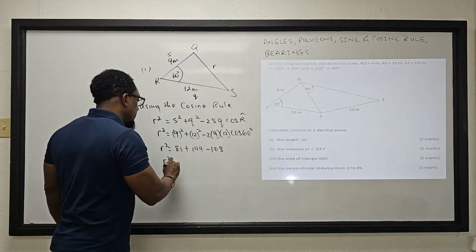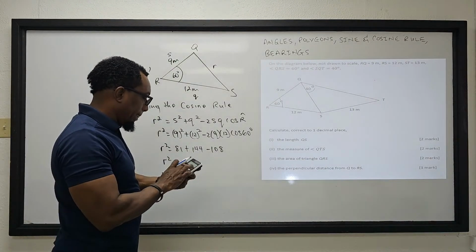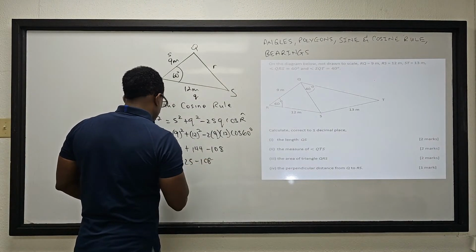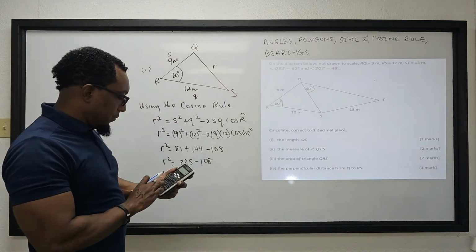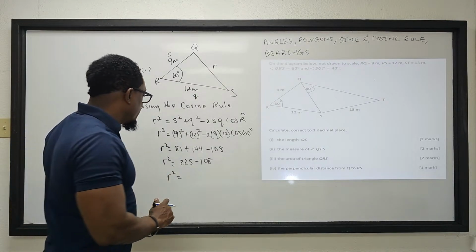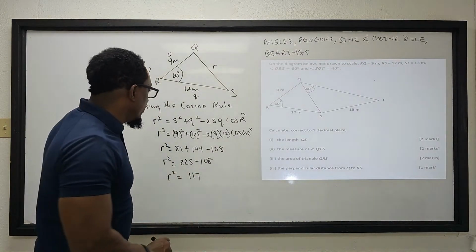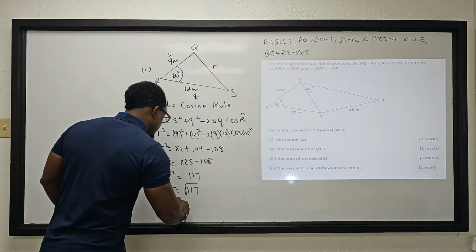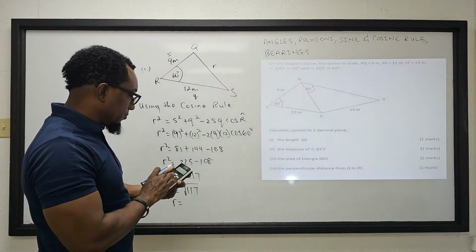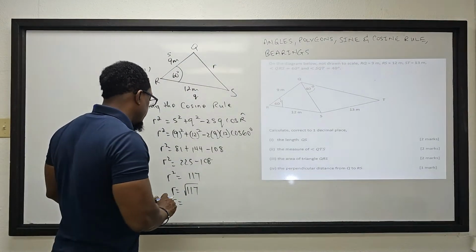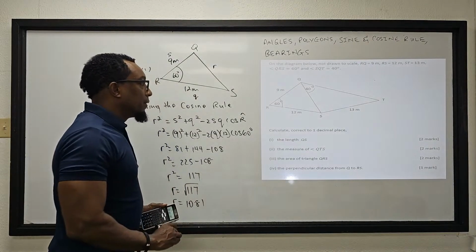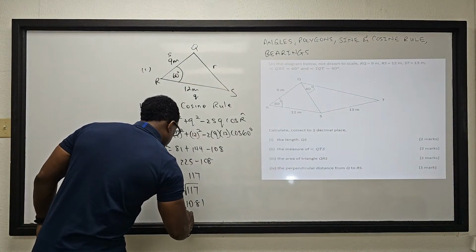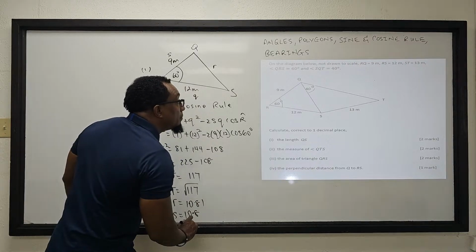So r squared is equal to 81 plus 144, which is 225, minus 108. 225 minus 108 is 117, and therefore r is the square root of 117, which gives 10.81. Correct to one decimal place, the length of QS is 10.8 meters.